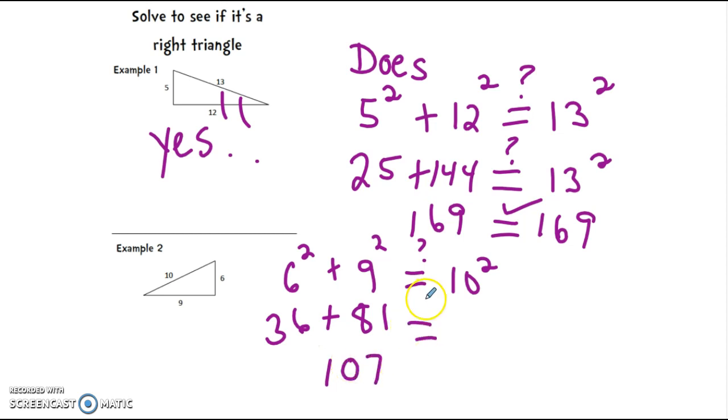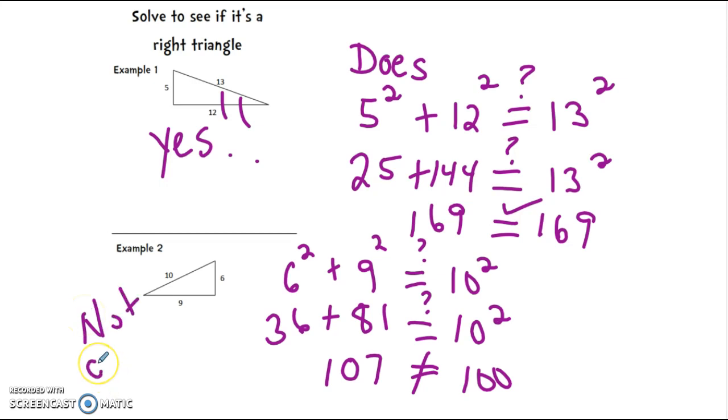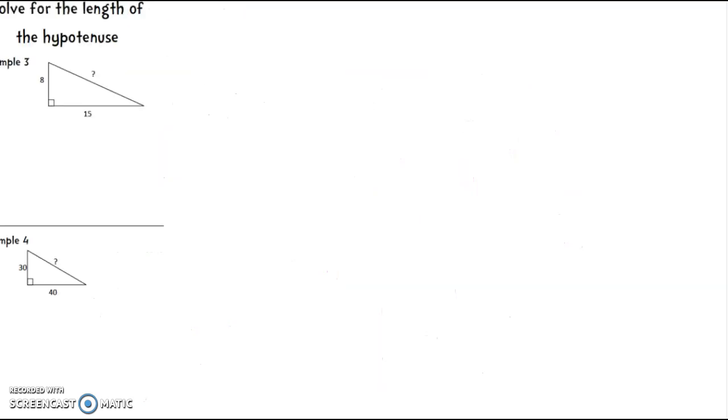Does that equal 10 squared? Well, 10 squared is 100. So that is not a true statement. So that is not a right triangle. Not a right triangle, because it doesn't satisfy the Pythagorean theorem. It doesn't satisfy leg squared plus leg squared equals hypotenuse squared. So that answer would be no, not a right triangle.